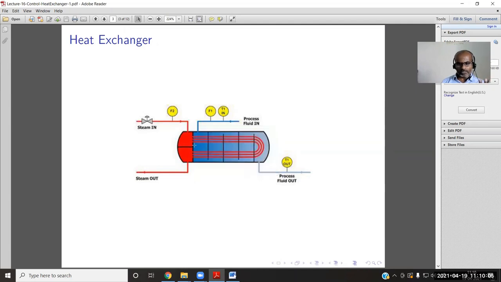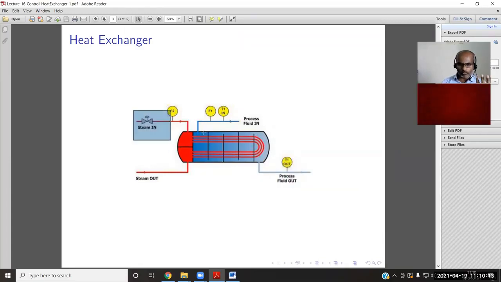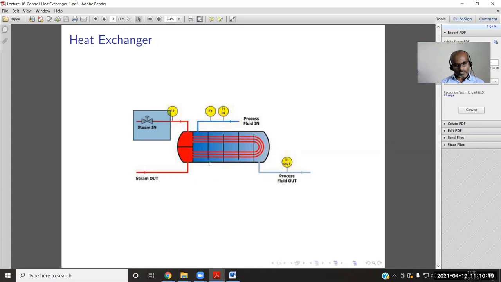In what way? The ambient is also responsible for cooling or heating of the process fluid. Though steam is the fluid used for the process, even the exchanger, many of the parts are exposed to the atmosphere. So the ambient also has a role to play, but its effects are very minimal.